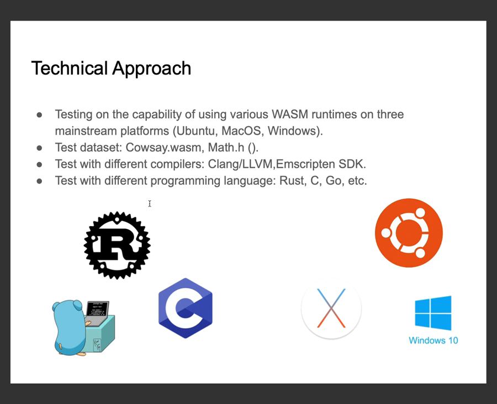We use two versions of test data right now: one is cowsay.wasm, the other is the mass.edge, which is just a reference for any function inside, and we can convert that into WASM and run it on WASM runtimes. There are different compilers. We can use Clang and the Emscripten SDK, which was provided by WASM actually. And mainly right now there are three supported languages: Rust, C, and Go.